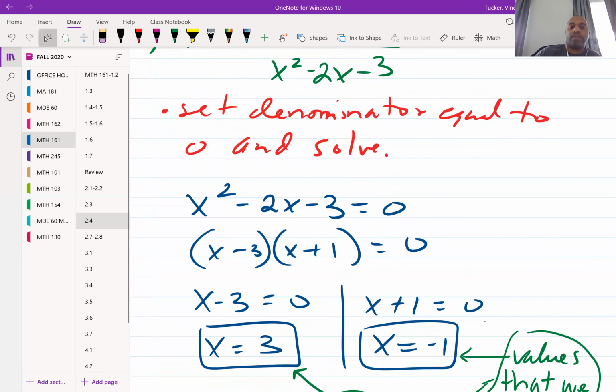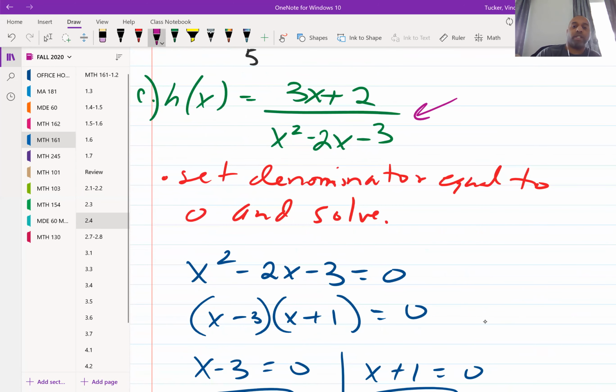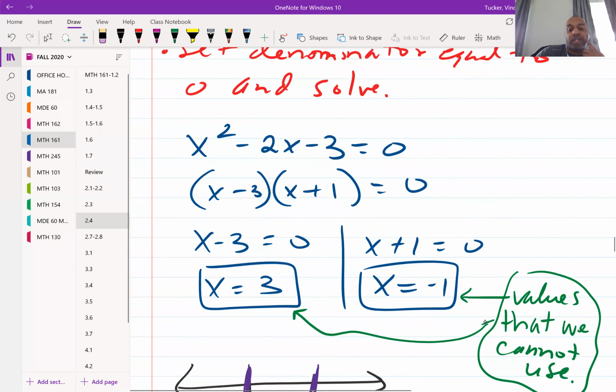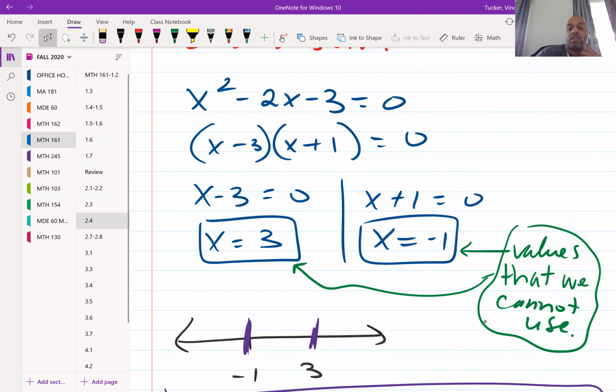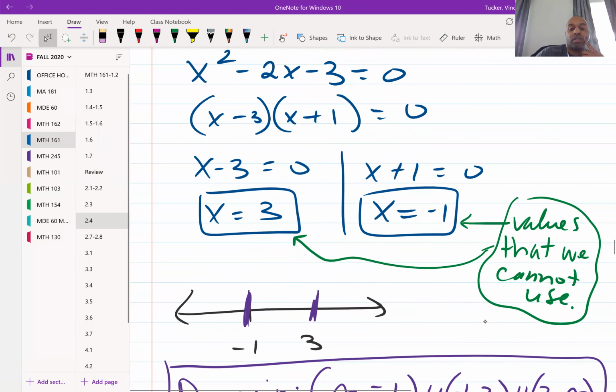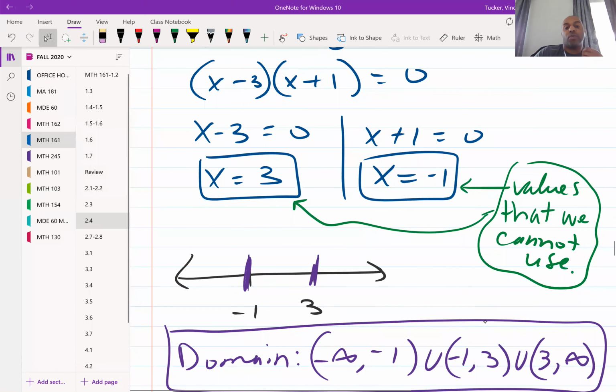So when I plug in 3 into this equation, I get 0 in my denominator. When I plug in negative 1, I will get 0 in my denominator. But remember, 0 in your denominator is undefined, so that's why we cannot use these. So we use everything except for the 3 and negative 1. And according to your number line, you will go from negative infinity to negative 1, negative 1 to 3, and then 3 to positive infinity.